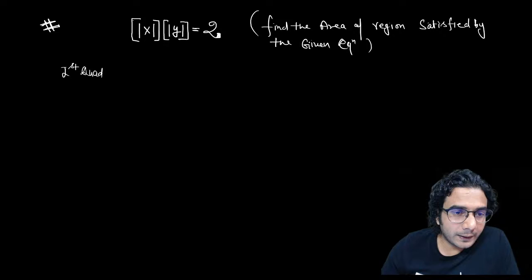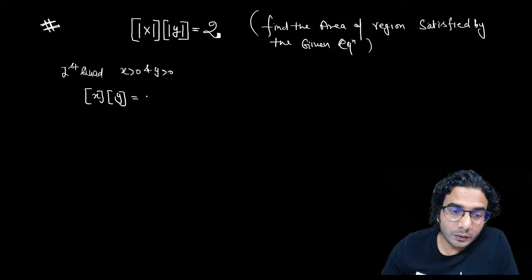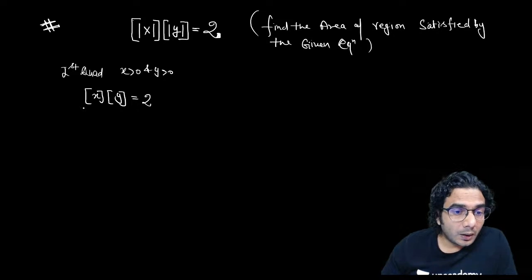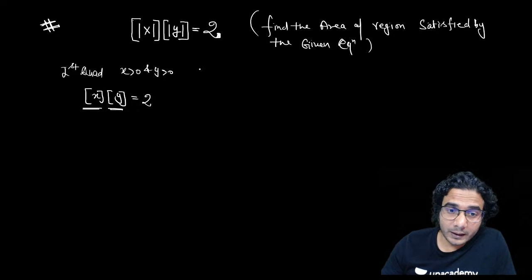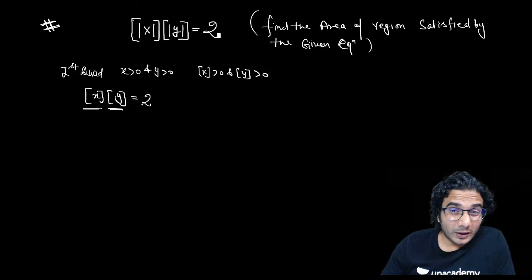So in the first quadrant, x is positive and y is positive. So the equation will become greatest integer of x times greatest integer of y is equal to 2. Now these are integers, and the product of two integers is 2, and the integers are positive as well. So the product of two integers is 2, then obviously one integer should be 1 and the other should be 2.